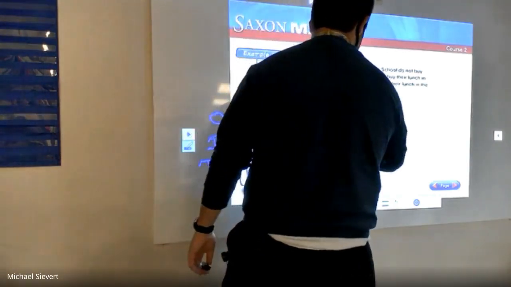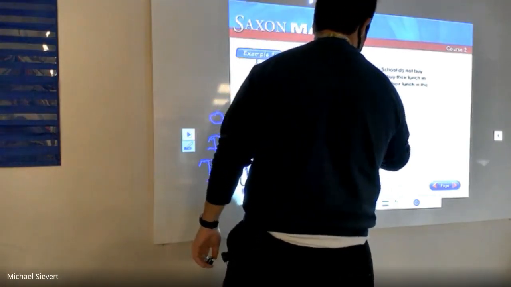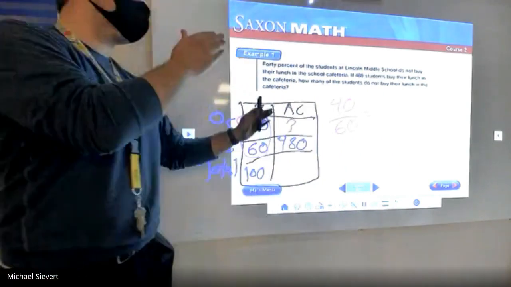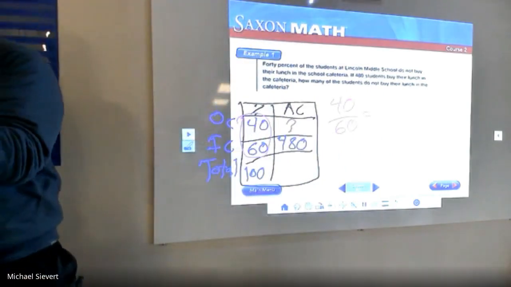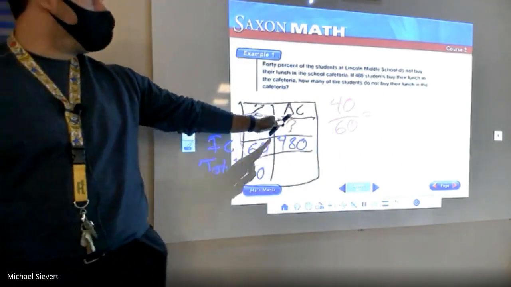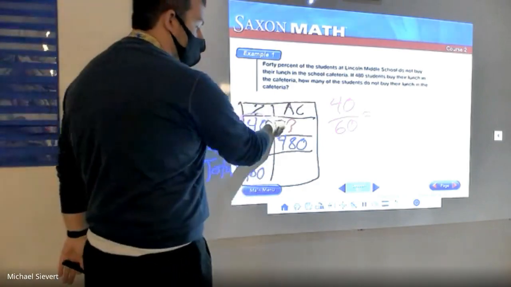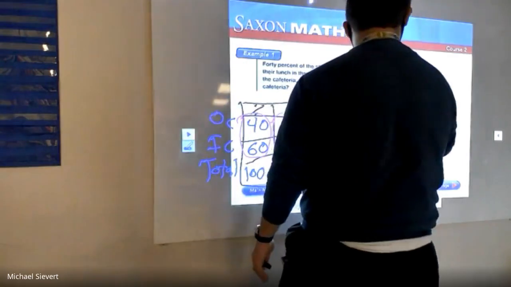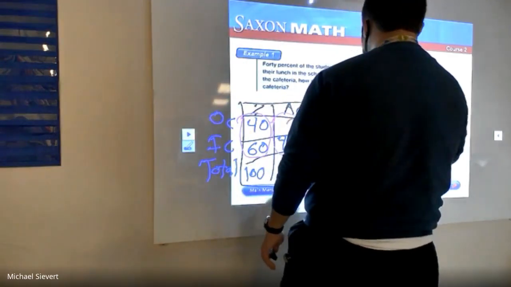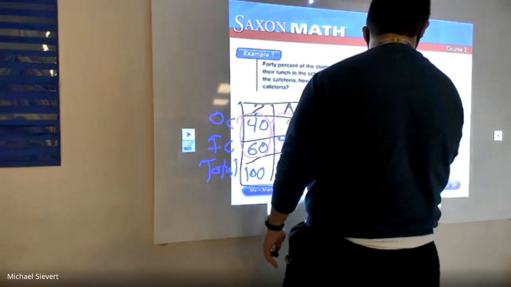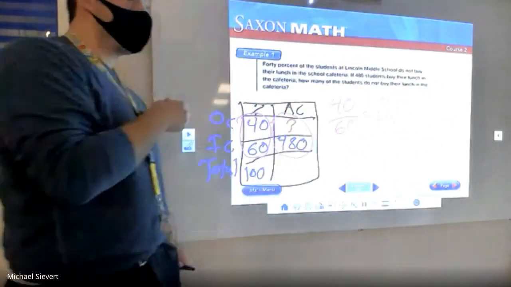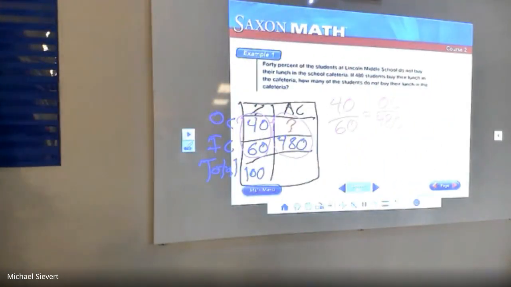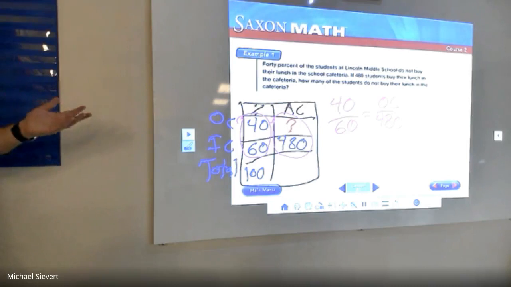So 40 over 60 equals, and remember, it's got to be something equals something. Since we're looking for this side, you take both right here and put OC over 480. Okay? That's how you set up your proportions.